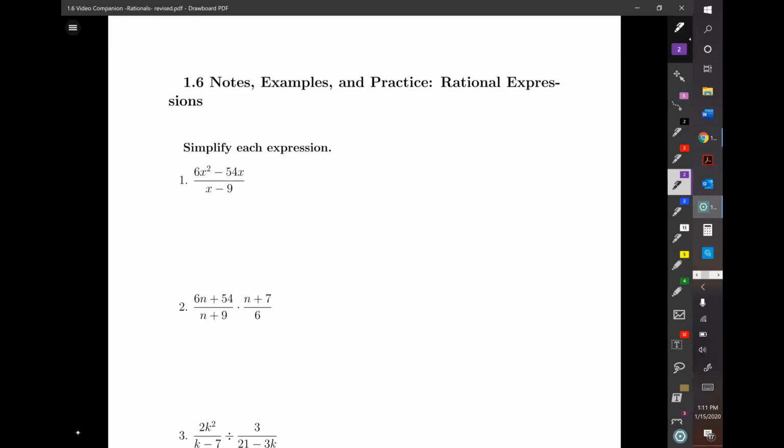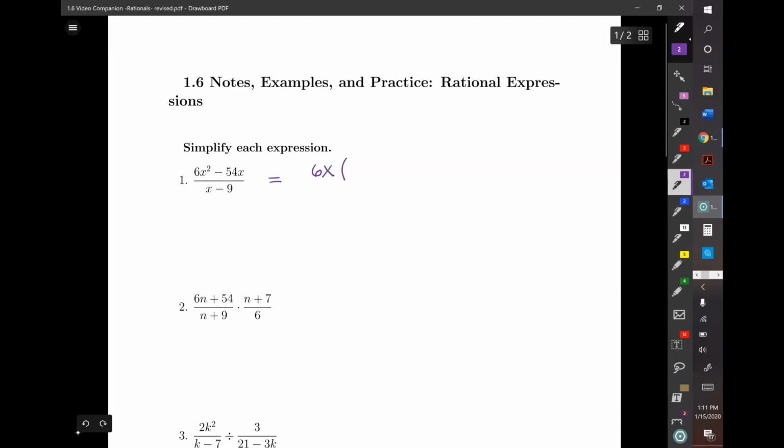That sometimes happens. So if I have the numerator 6x squared minus 54x, I would simplify that to 6. So I'm going to factor out a 6. I also can actually factor out an x.